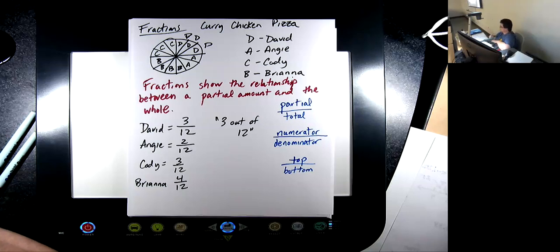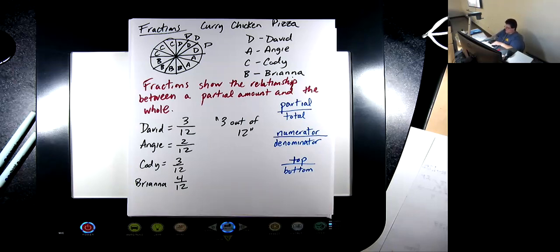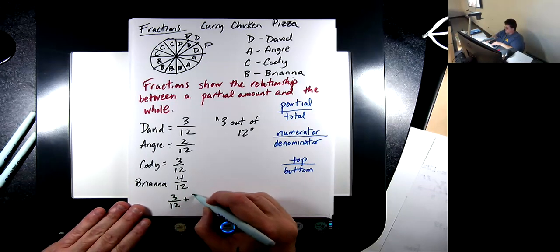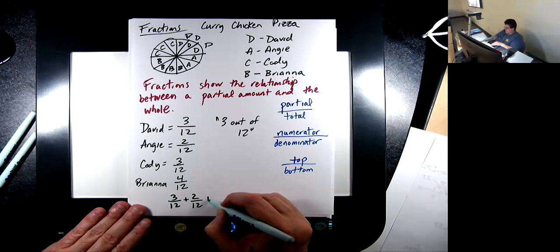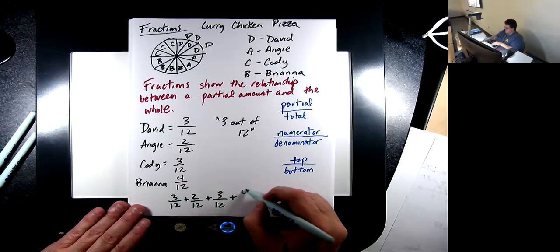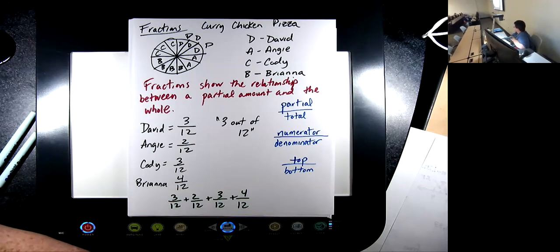We're getting there. First, I want to mention adding real quick. Let's add up our slices. I've got 3 12ths plus 2 12ths plus Cody's 3 12ths plus Brianna's 4 12ths. We ate the whole pizza, right?